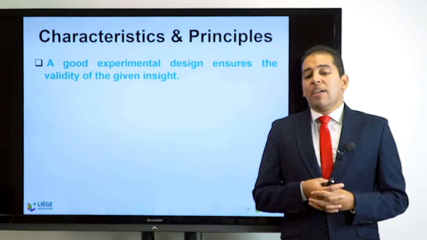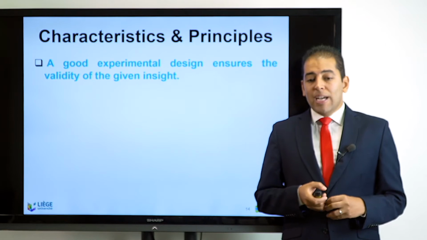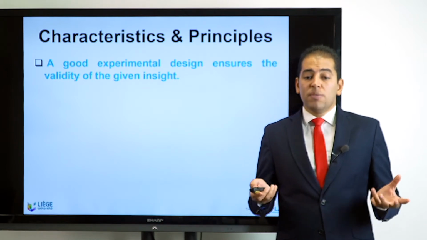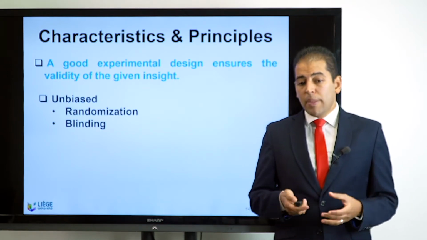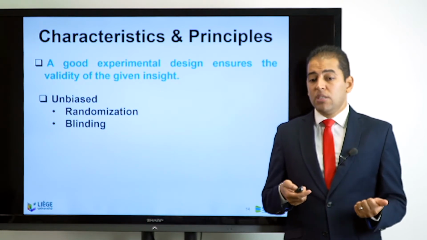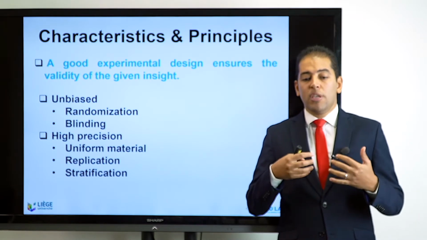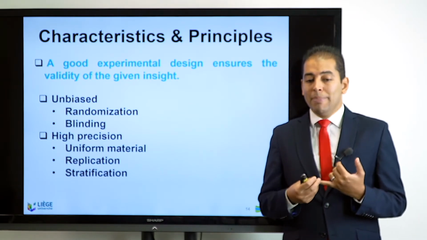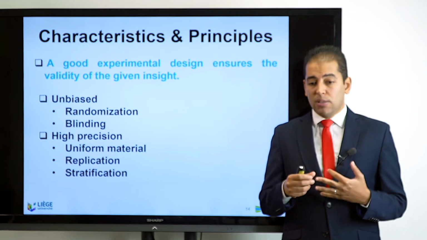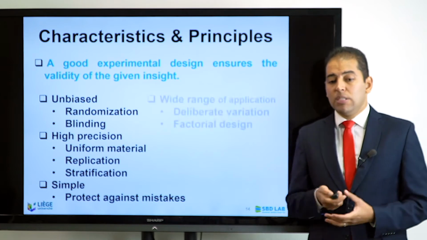Now, when we look at the characteristics and principles of the design of experiment, a good experimental design ensures the validity of the given insight, and it is unbiased. So we need to make sure that we have randomization and blinding, and it has to be highly precise, looking at uniform material, replication, stratification, simple to protect against mistakes.